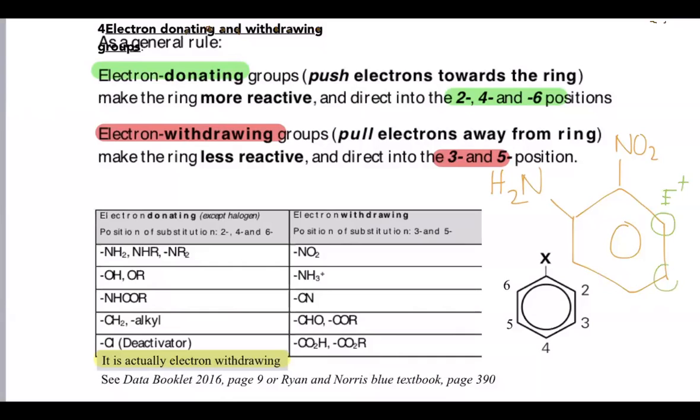Any remaining slots. So when you have 2 groups combined, your incoming electrophile can sit anywhere. In a way, the rule is broken. There's no specific rule that says the electrophile will sit on the 2nd, 3rd, 4th, or 5th carbon.